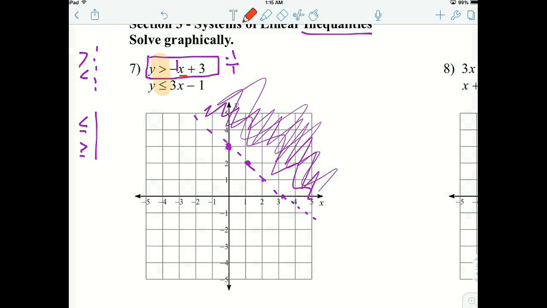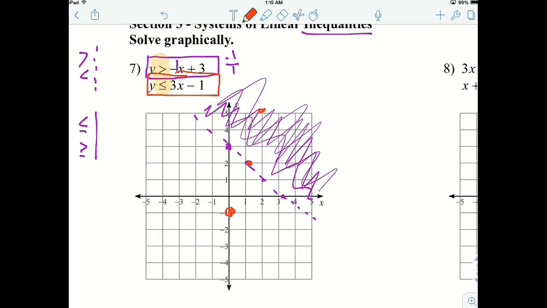Then we go to the bottom and repeat the process. So treat it like it's a line, which means I have a y-intercept of negative 1 right there. I have a slope of 3, so the 3x means a slope of 3. So I go up 3 over 1, up 3 over 1, and so forth.